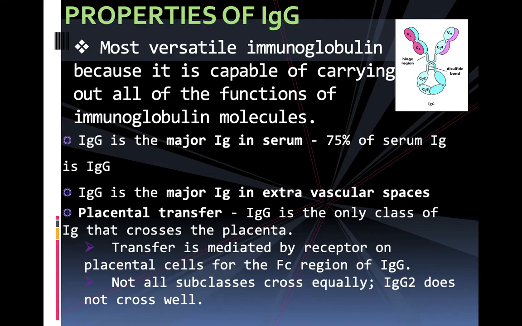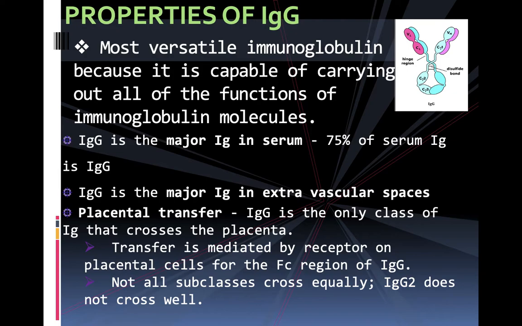It is also the dominant immunoglobulin in extravascular spaces, in areas where you have connective tissue and blood vessels. Another unique feature of IgG is that it's the only isotype that can cross the placenta.